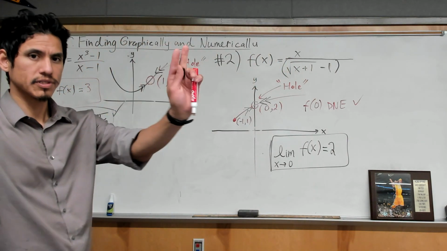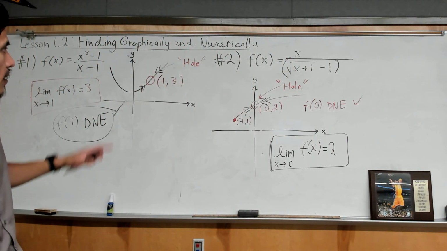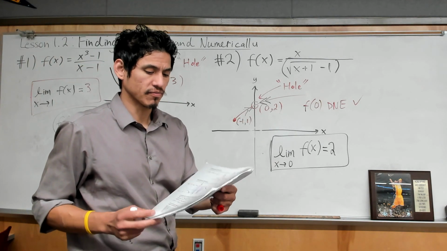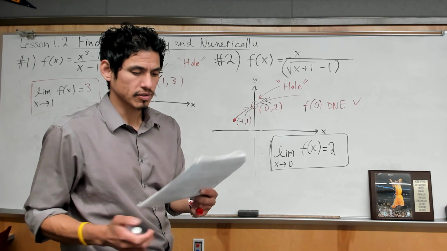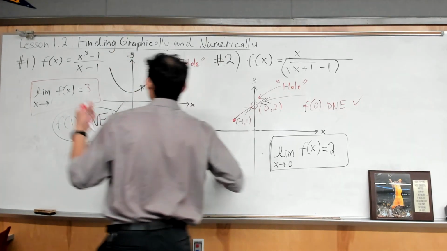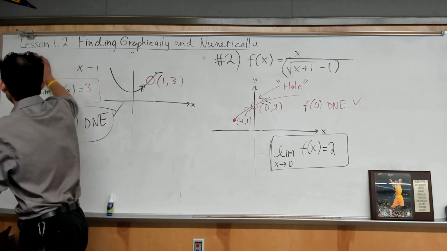So those are two examples of how limits can exist even though the function doesn't exist at a certain value of x. So let's look at now some situations where the function does exist, or where the function is defined, in other words.